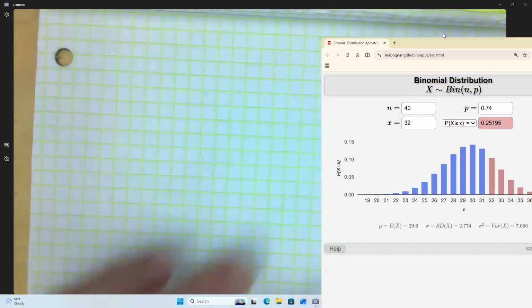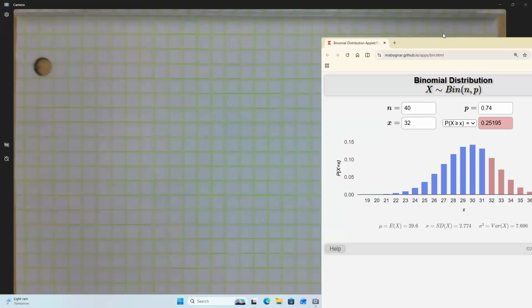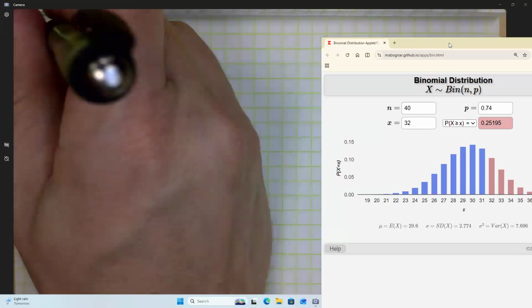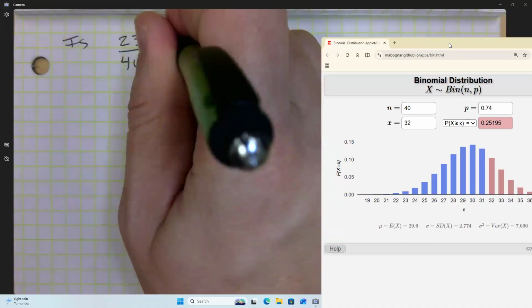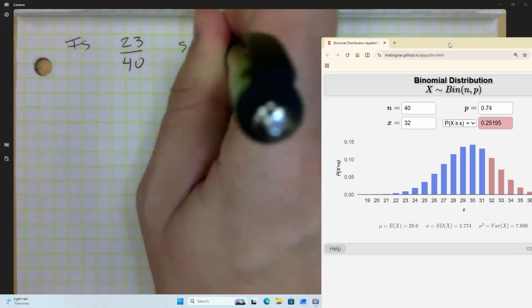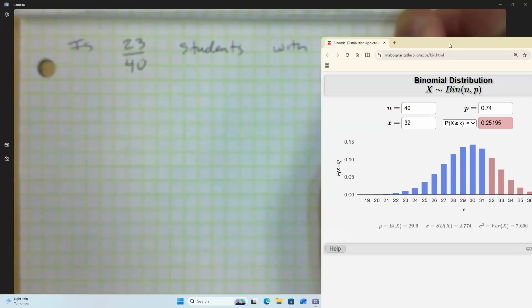So I'm going to come back here. I'm going to rewrite this on another page because I'm going to need a little bit more space to talk about things. Is 23 out of 40 students with pets surprising?